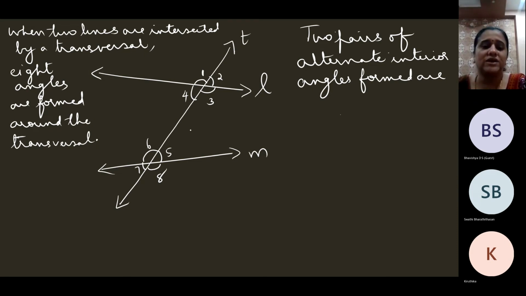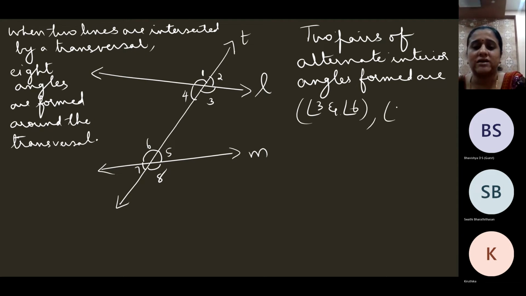Now, if you talk about 3 and 5, they're both interior angles, but they lie on the same side of the transversal. If you say 3 and 5 form a pair of alternate interior angles, it doesn't satisfy the conditions, because they lie on the same side of the transversal. Alternate interior angles lie on either side of the transversal. So angle 3 and angle 6.